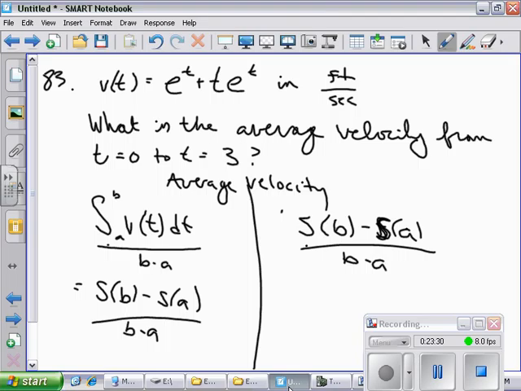Do you see that the average velocity, you could either write it from the left here or on the right. It's the same thing if I were to follow this through. It's just that I have the calculator, so I'm using this one. It depends what you have, but realize they're both equal the average value, the average velocity.